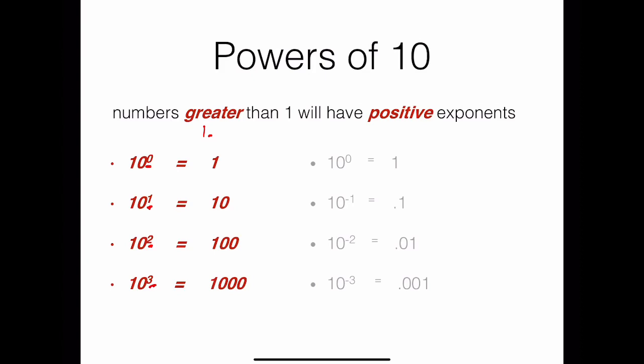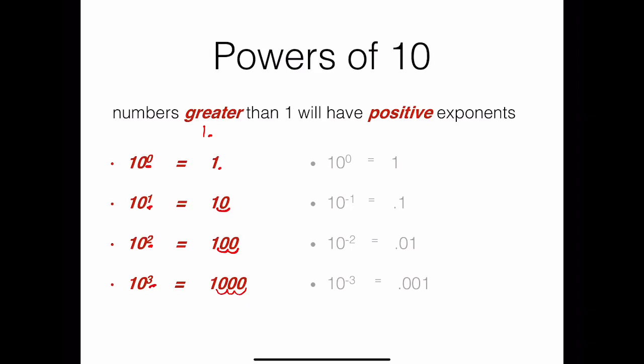But if my exponent is 0, you can see that that decimal point stays in that location. If my power of 10 or my exponent is 1, you can see that I have started from this location and moved it one place to the right. If my exponent is 2, again, starting from this location, moving it 2 places to the right. And the same if my exponent is 3, starting here and moving it over 3 spaces.